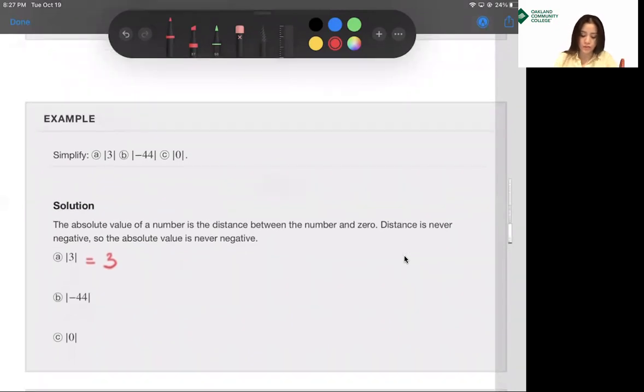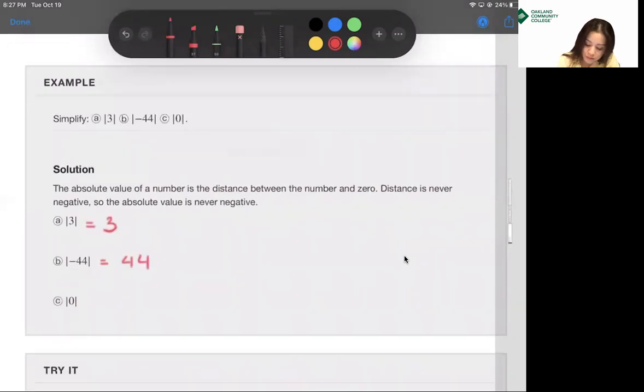The absolute value of -44 is +44, because -44 is 44 units away from 0. And again, the absolute value of 0 is 0.